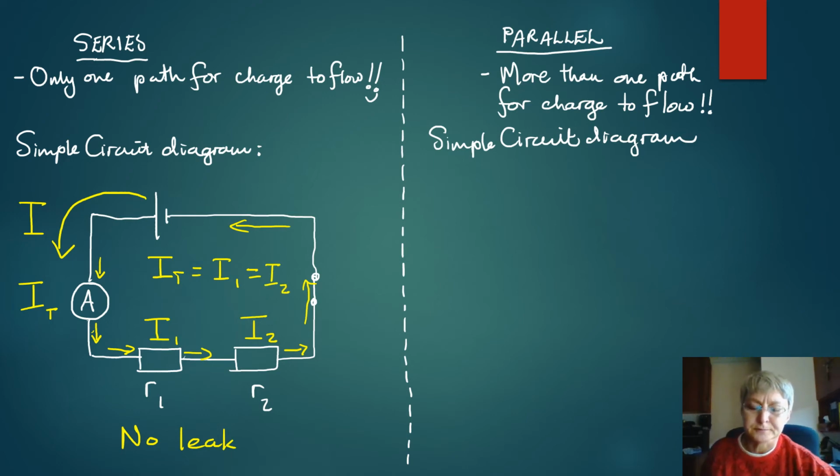Let's look at the parallel circuit. In a parallel circuit, there is more than one path for the current to flow.